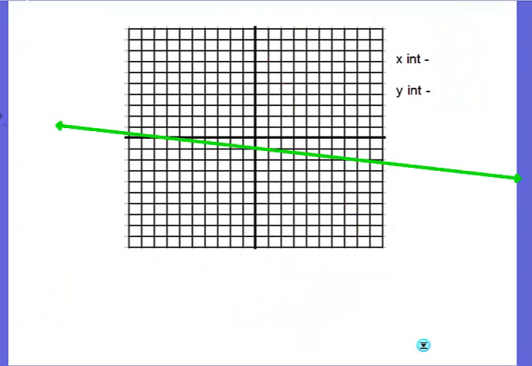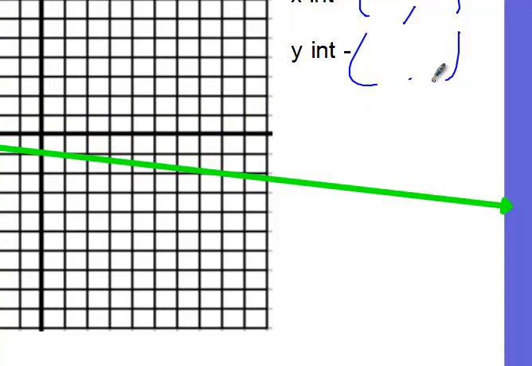We'll just look at another one. Again, the x-intercept is where our line crosses the x-axis. So I'm going to go to my origin, go down 1, and we're at, or no, that's a y-intercept. So it's actually 0, -1 because we go down 1.